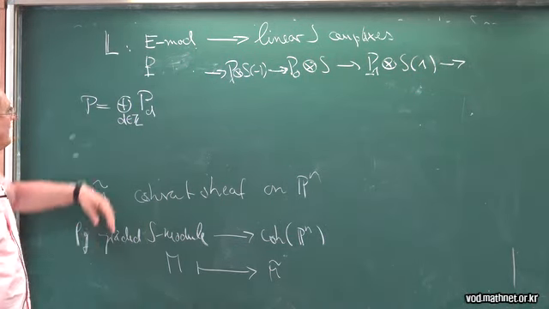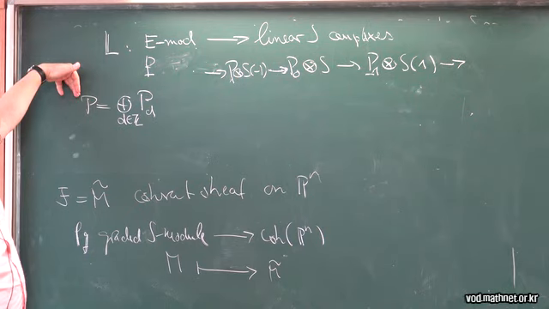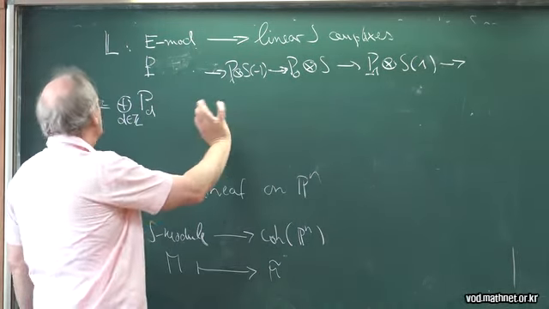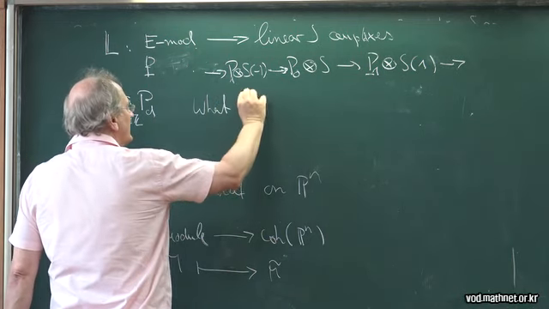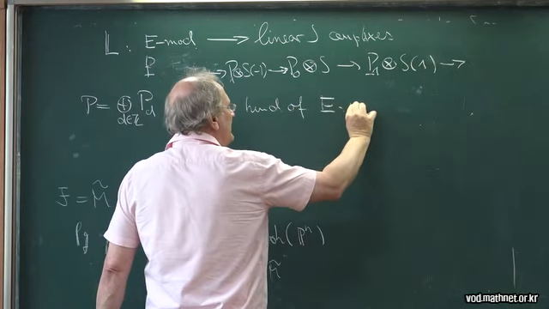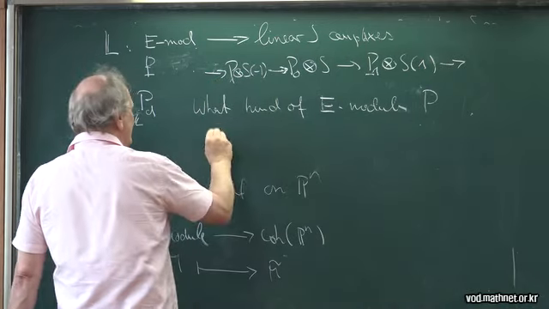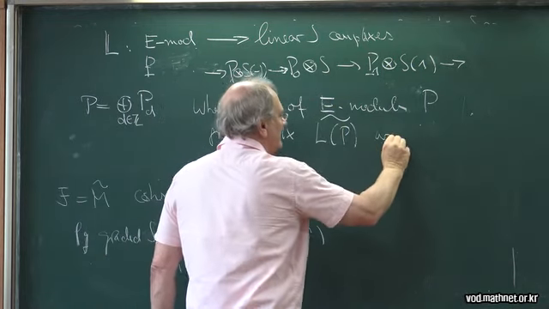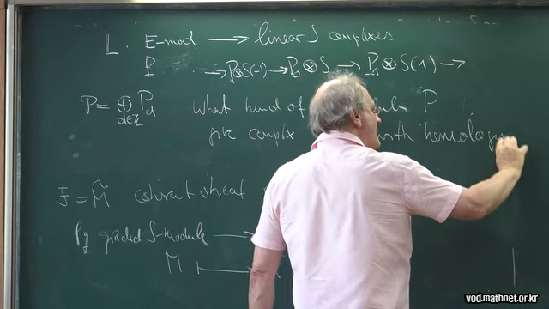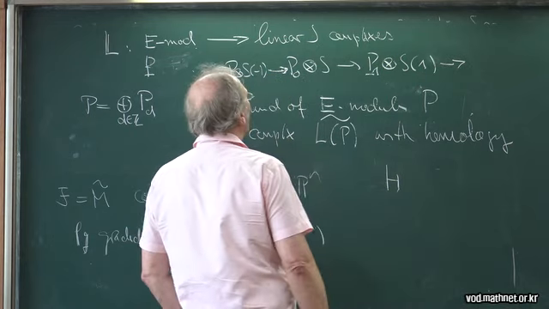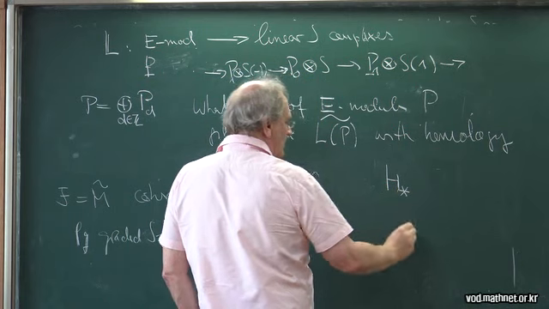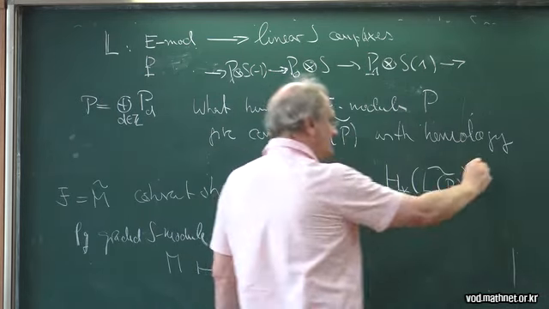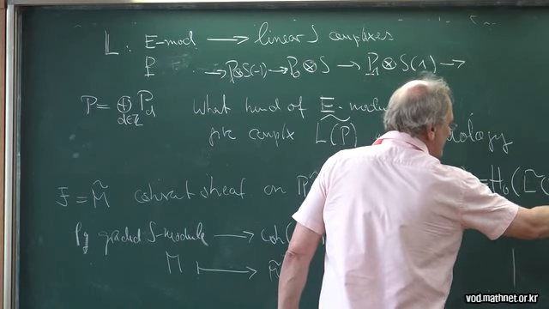And then you might ask, what kind of modules P are going to give a complex which has homology that sheafifies. So the question they had: what kind of modules P give a complex L of P, maybe tilde, which has homology, well, I wrote it cohomological, so maybe H tilde of L of P equal H0 of L tilde P equal F, a vector bundle.